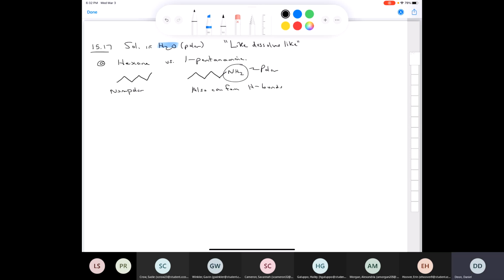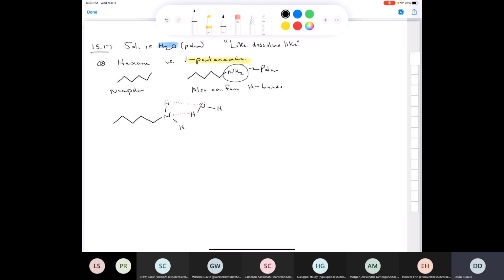If you were to draw a molecule of 1-pentanamine and draw out the nitrogen-hydrogen bonds, you could represent a hydrogen bond with a water molecule like this, between the delta negative lone pair on the nitrogen and the delta plus on the hydrogen, or you could draw a hydrogen bond like that. So the answer is 1-pentanamine will be more soluble in water.